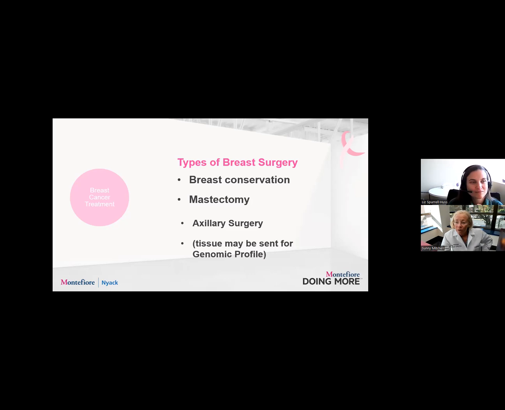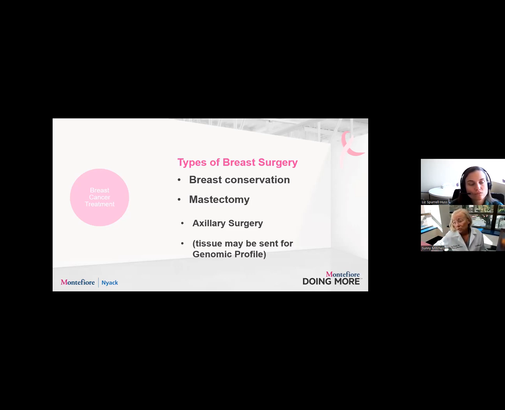Many women at the time of their breast cancer surgery will also have the potential for some form of axillary surgery, or a lymph node removed from their armpit. One, sometimes two or three lymph nodes. That's called a sentinel lymph node biopsy. That also is changing over the years.